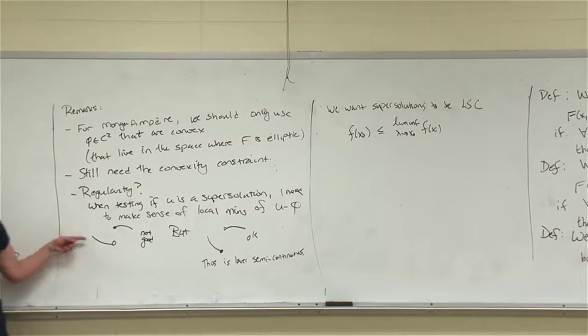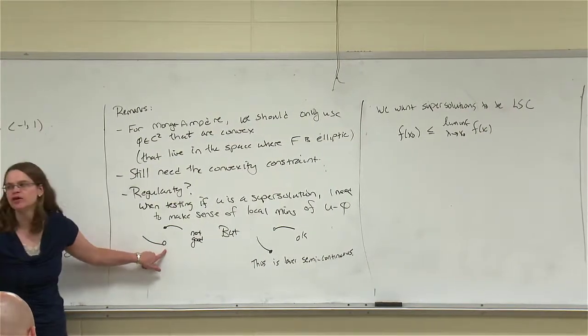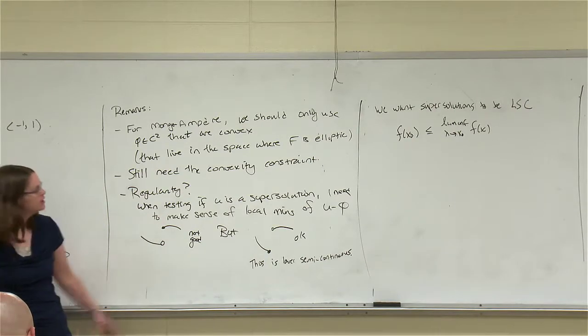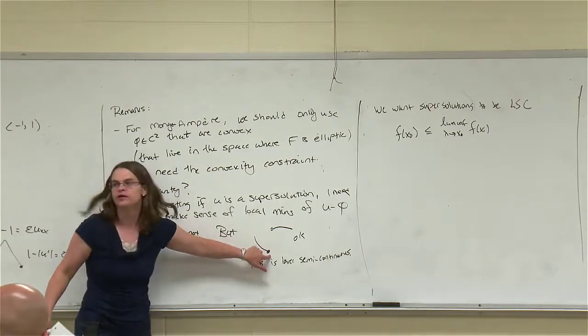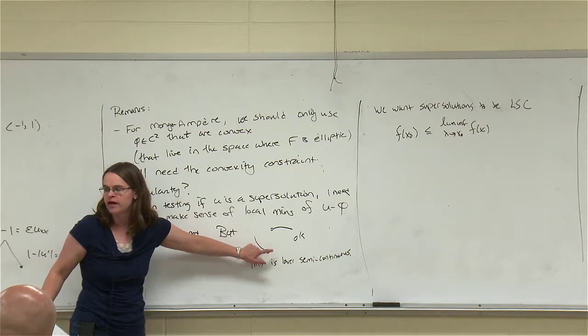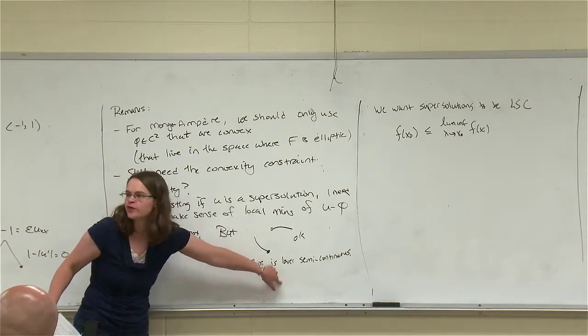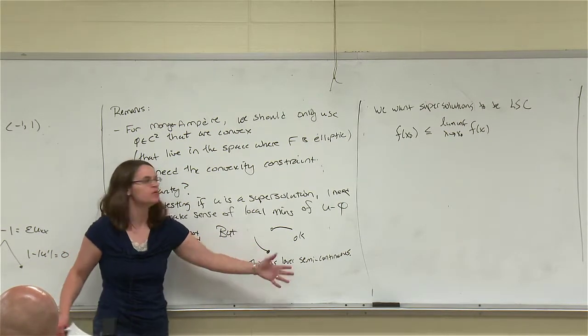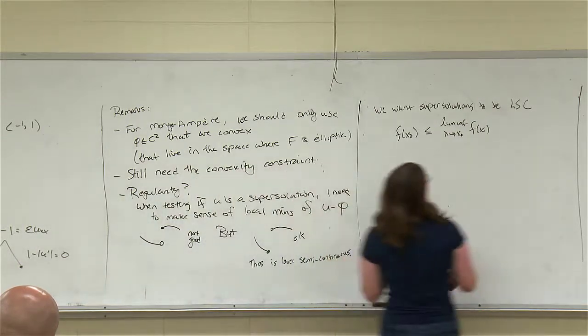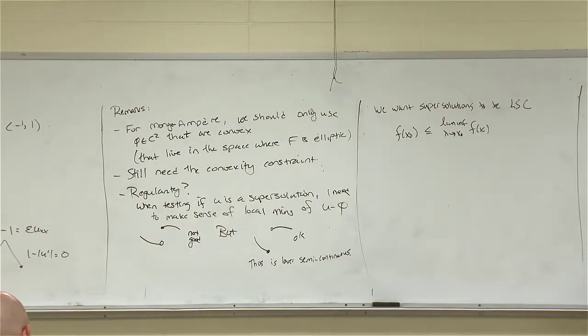In this case, the limit inferior going to this point is this value here, but f is way up here. That's no good. In this case, the limit inferior is down here, which is equal to f. That's fine. I could have put a whole ear in here and put the value of f way down here, and I'd still have a minimum, and that would still be fine. So we want supersolutions to be lower semi-continuous.